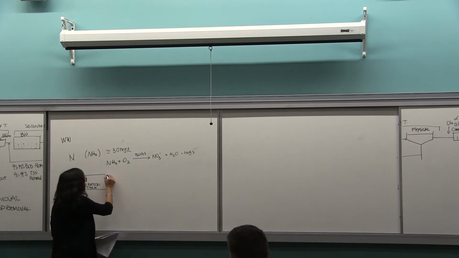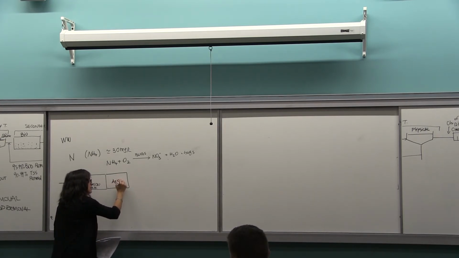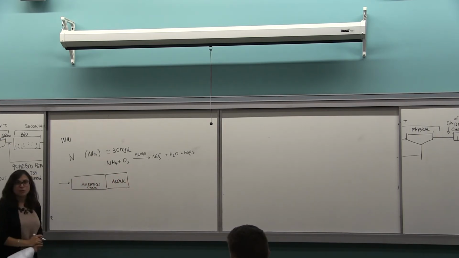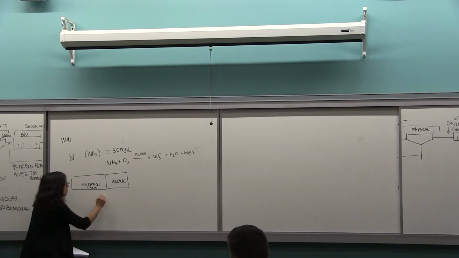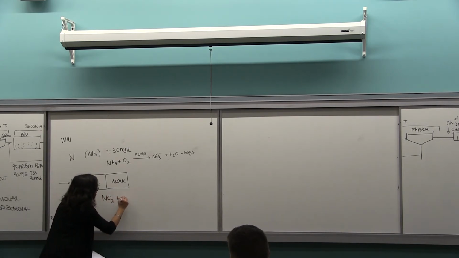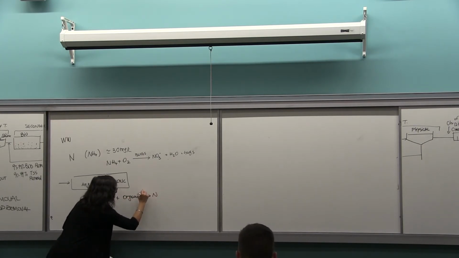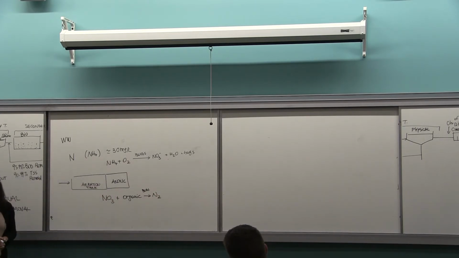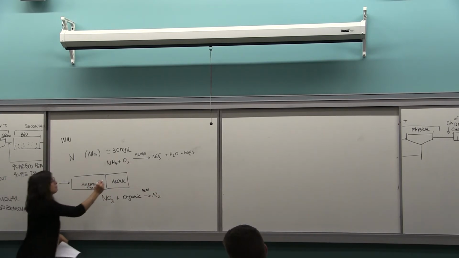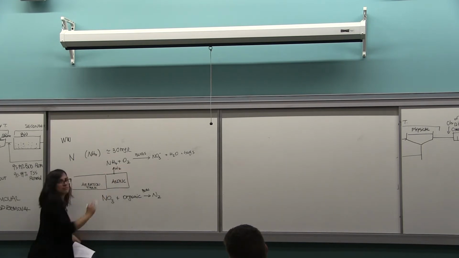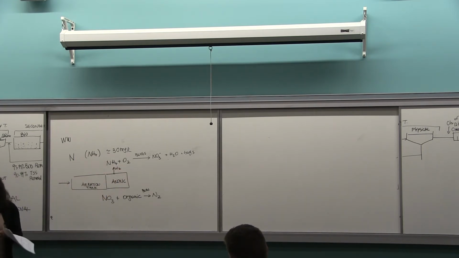So what do you do? Add an anoxic tank, so no air, because nitrate plus organic produces bugs and nitrogen gas. Nitrogen gas is going to be released into the air, so you won't have nitrogen in your receiving stream.